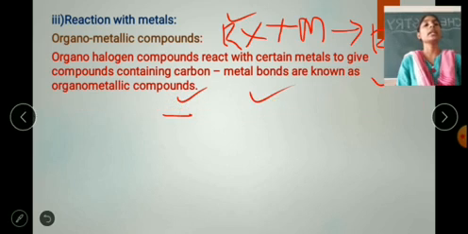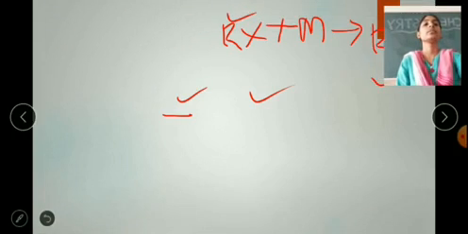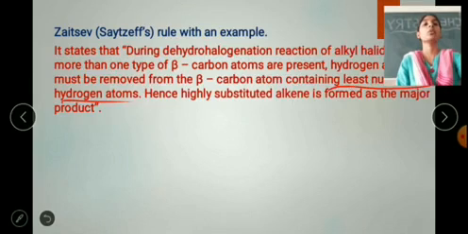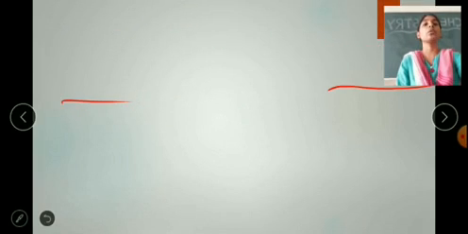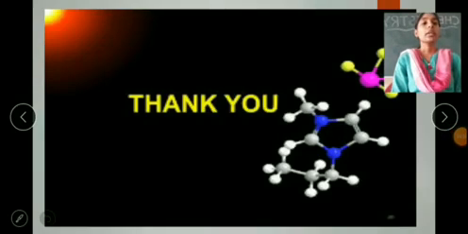Grignard reagent is with the magnesium metal and the Wurtz reaction is with the sodium metal. And about the Saytzeff rule I have told, then beta elimination reaction. So these are the different reactions involved. If you have any doubts, you can clarify them. Thank you for watching the video.